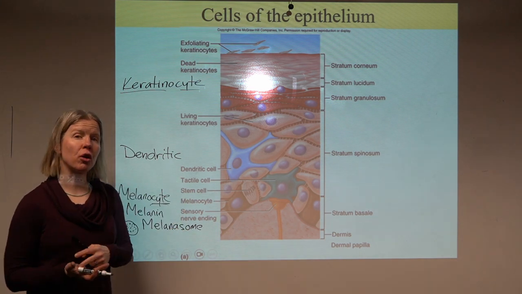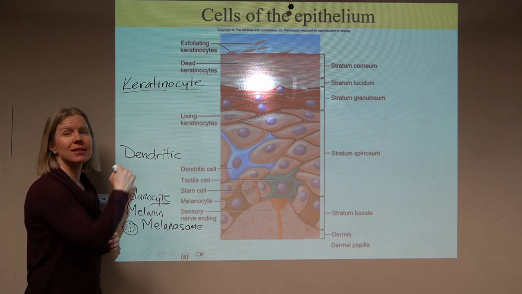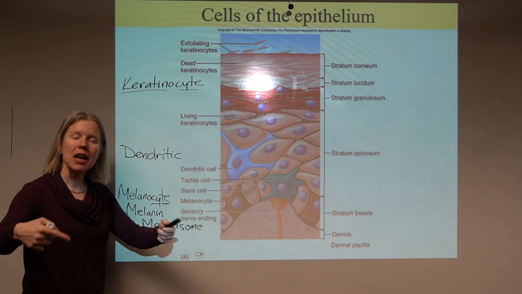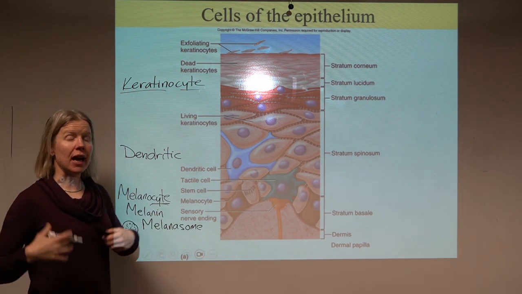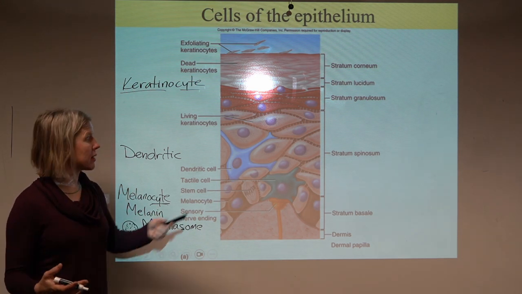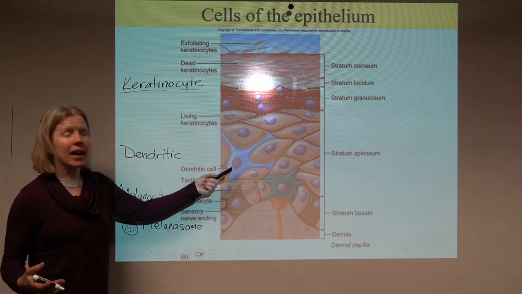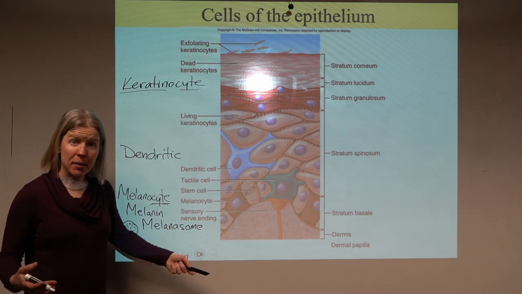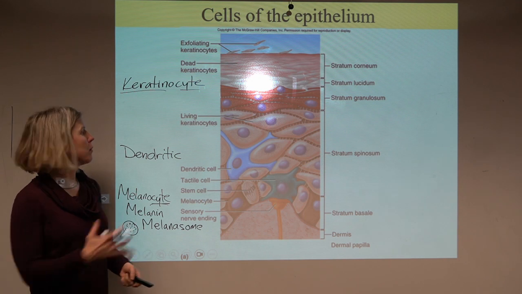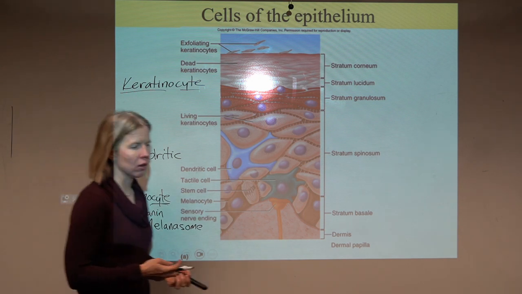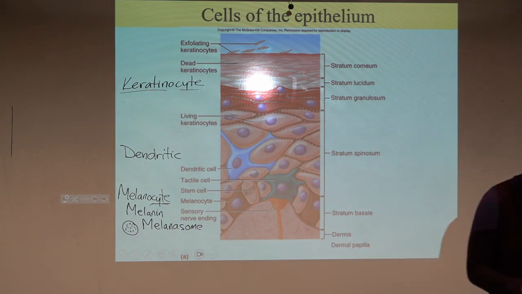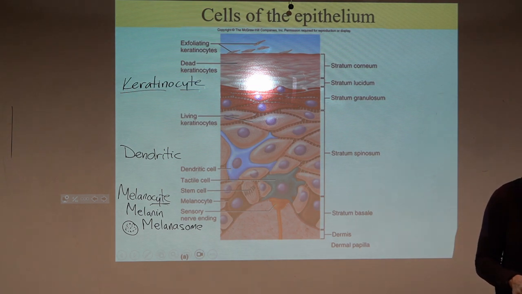It engulfs foreign microbes, and this is that cell that actually triggers the immune system response. It kind of serves as that early warning system. Hey, if something has gotten into the skin, maybe it's gotten into the rest of the body at this point. So that dendritic cell is part of the immune system response, right?